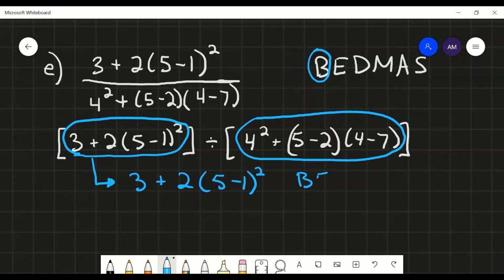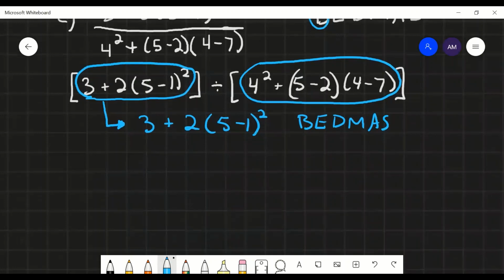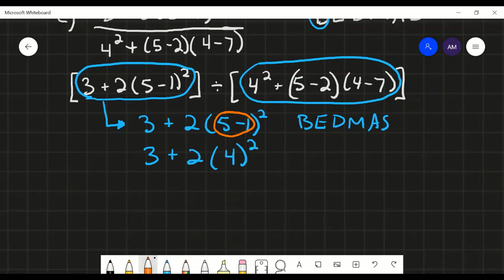We need a new BEDMAS for this one. Well, okay. Are there brackets? Yes, there's a 5 minus 1 in a set of brackets here. So we have to answer that first. 3 plus 2 times 4 squared. And now the brackets are finished.